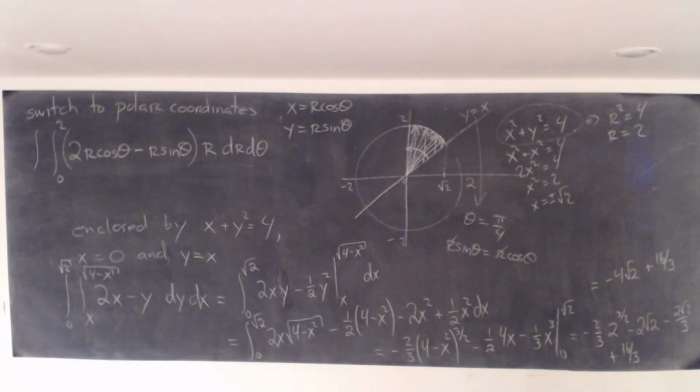Circle has equation x squared plus y squared equal to 4. X is r cos, so x squared plus y squared equal to 4. This is r squared cos squared plus r squared sine squared.